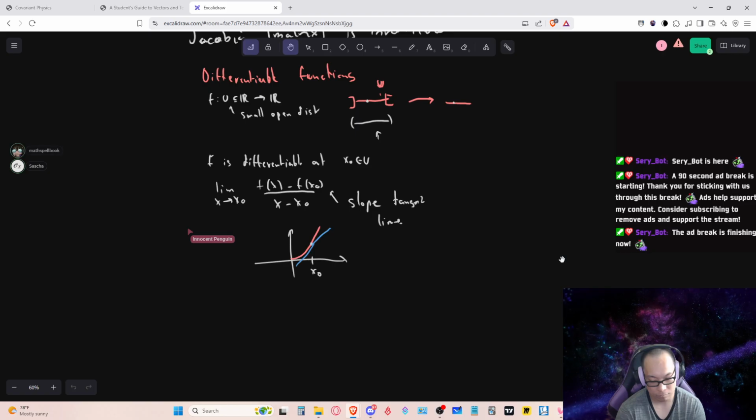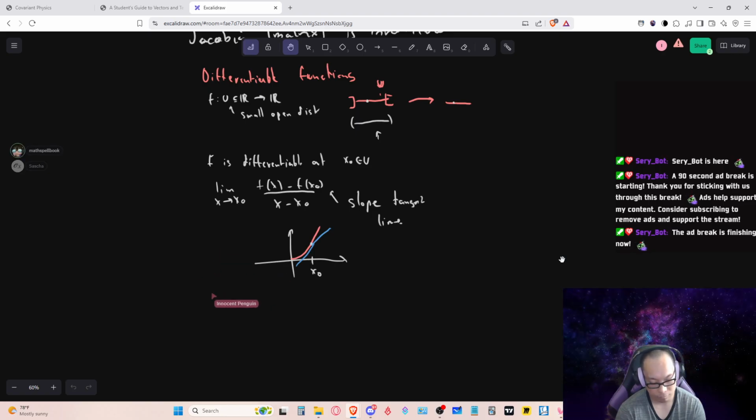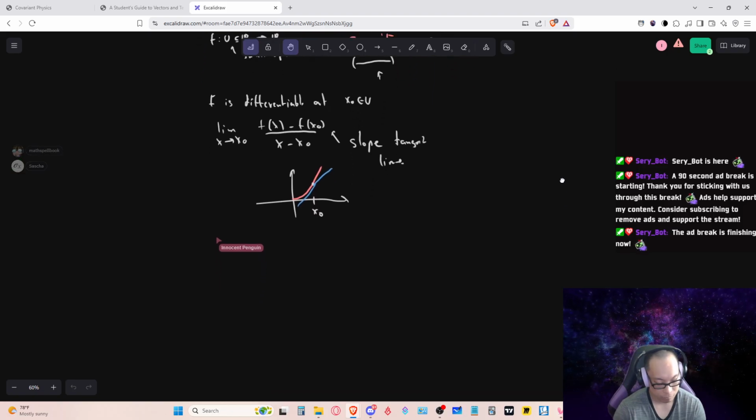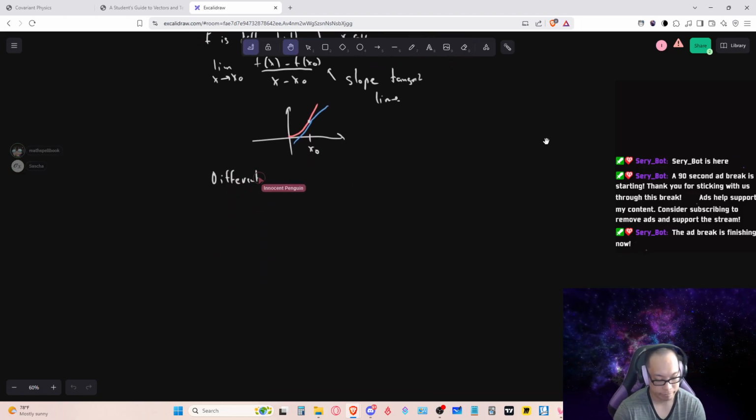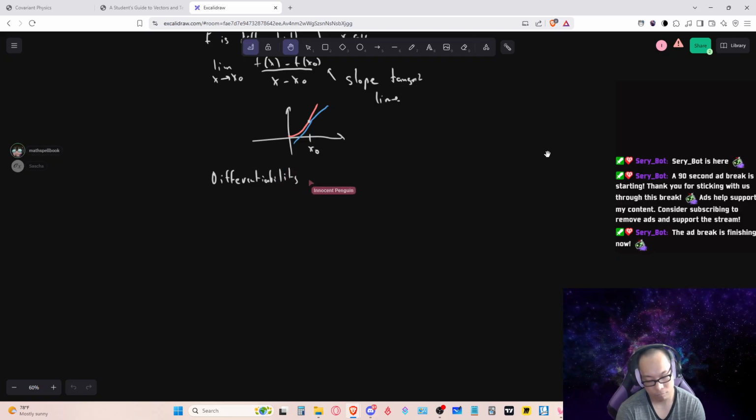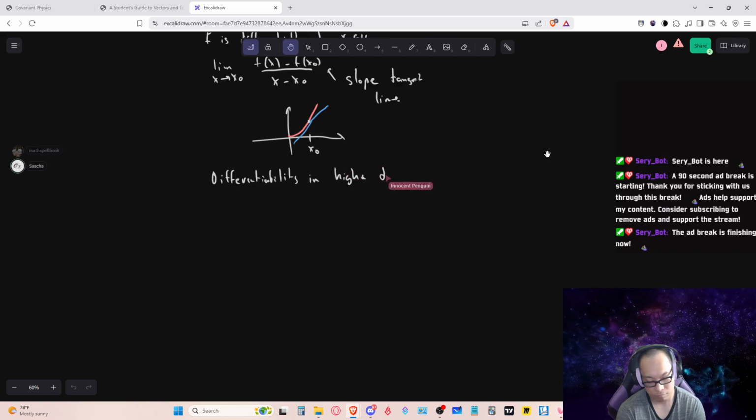so what's going on with the multivariable analog of this? So, differentiability in higher dimension.